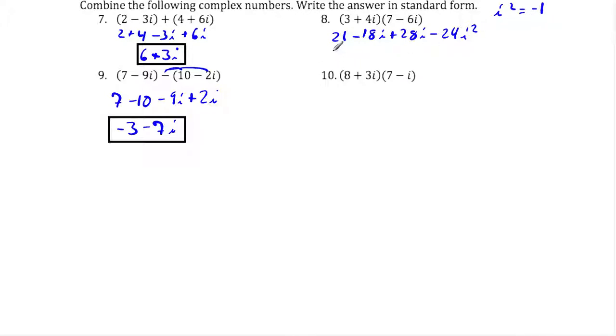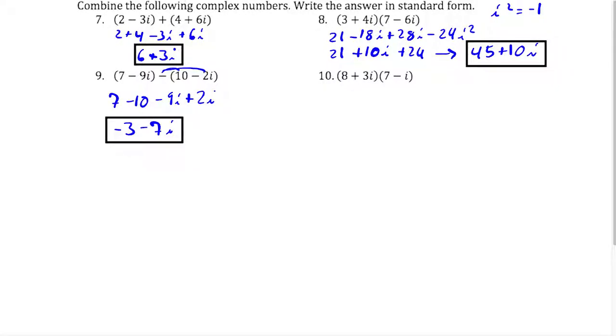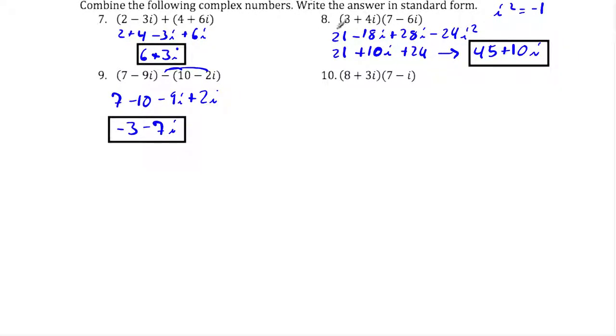So when I combine my like terms here, I get 21 plus 10i plus 24, because this is negative 24 times negative 1. And that gives me 45 plus 10i. So make sure that you watch out for squaring an imaginary number, because that will give you negative 1.